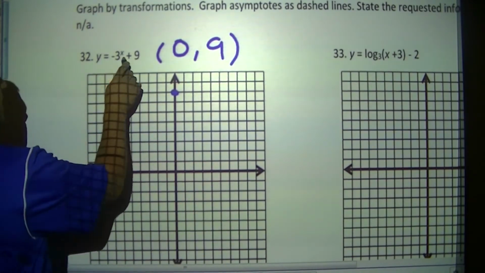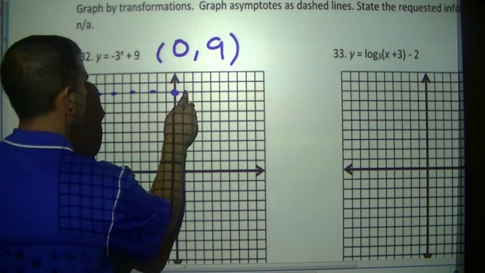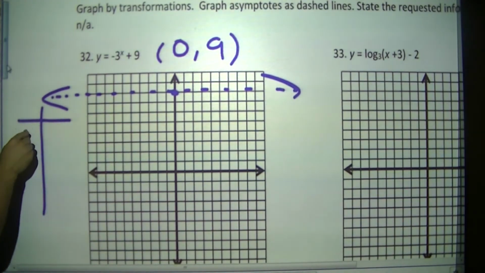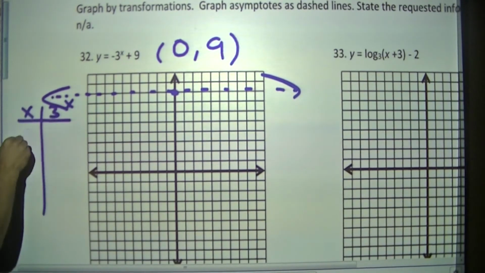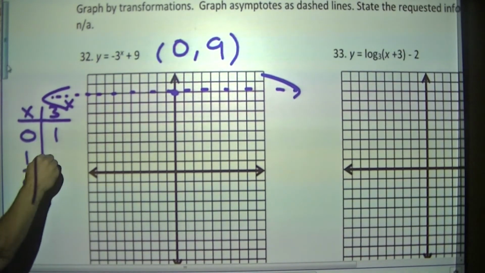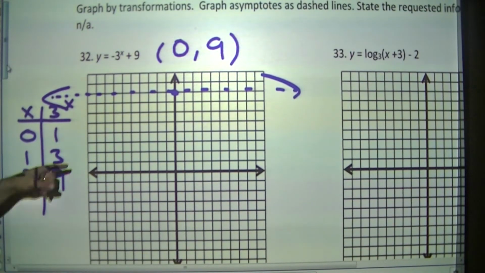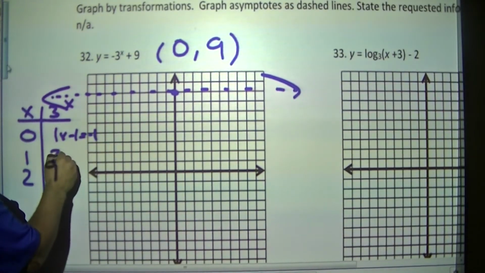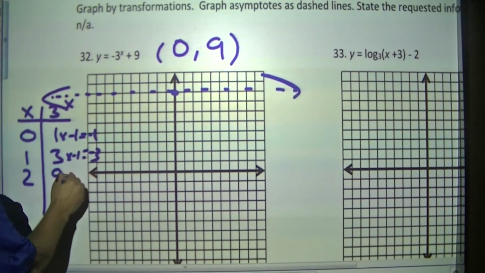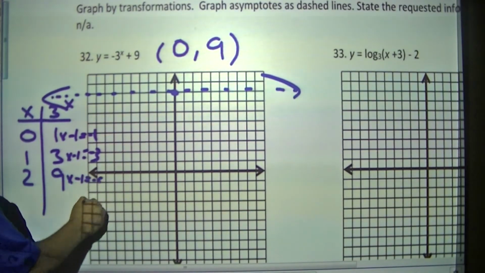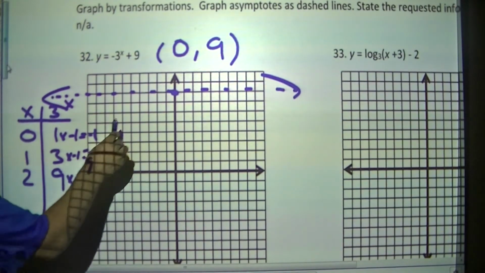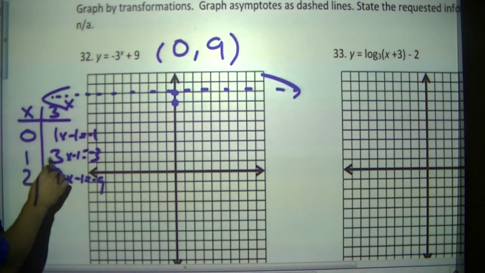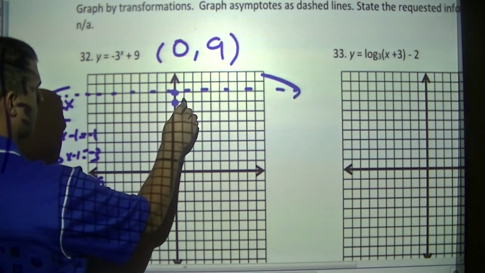Since it is an exponential, it's going to go through this. 3 to the x, for 0, 1, and 2, is 1, 3, and 9. Now, since I have this negative in front, I'm going to multiply by -1, which gives -1, -3, and -9.